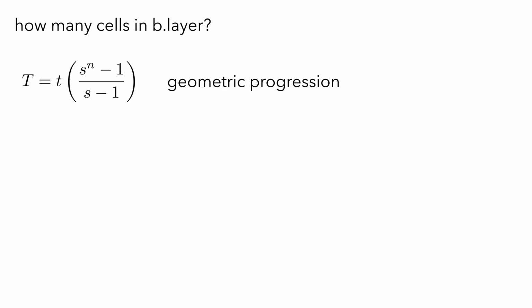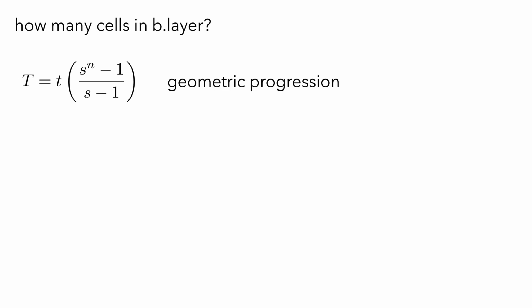A very typical method is called geometric progression, and this is the formula for it. Big T is the height of the whole boundary layer. Little t is the first cell. S is the stretching ratio, or the growth rate. So each cell is going to be a little bit further away from the last. And N is the number of cells in the boundary layer.